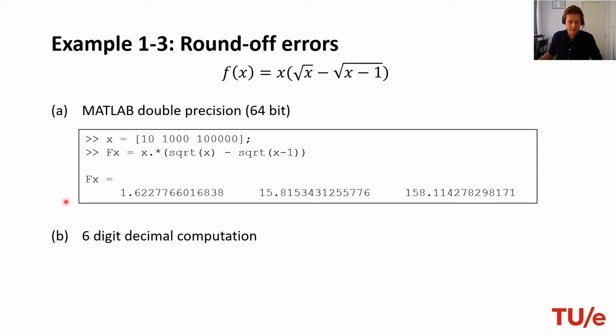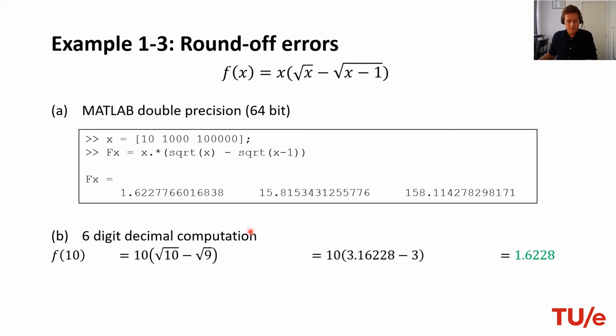Now let's compute these things manually using only 6 digit decimal computation. So 6 significant digits in our computation. And well, for small numbers, everything will work out fine. So we see that if we substitute x is 10, we get 10 times the square root of 10 minus the square root of 9 is equal to this.